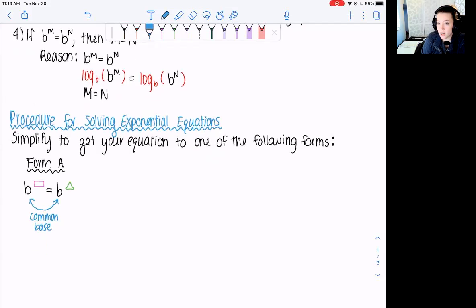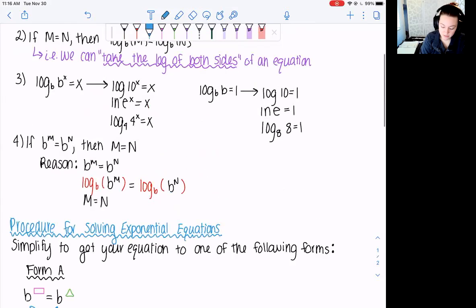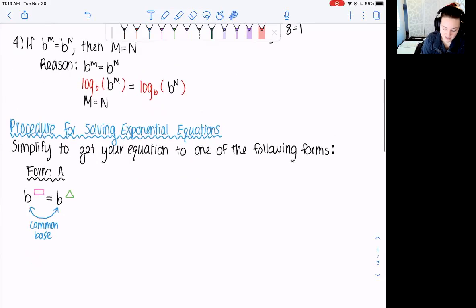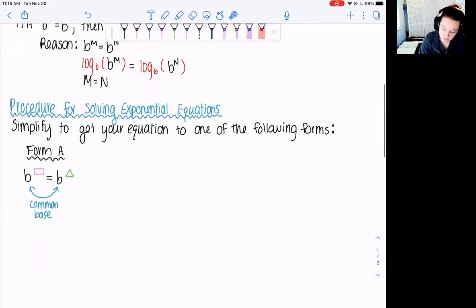And if you can simplify your equation so that each side has a common base, then we can use this rule right here that says if we have b to the m equals b to the n, then m is equal to n. So we can set these exponents equal to one another.